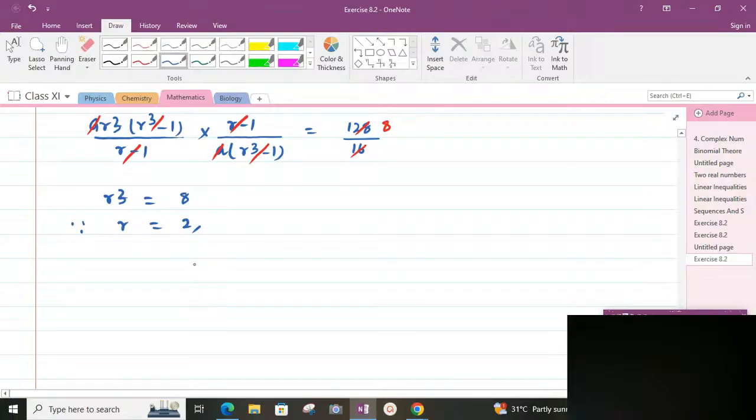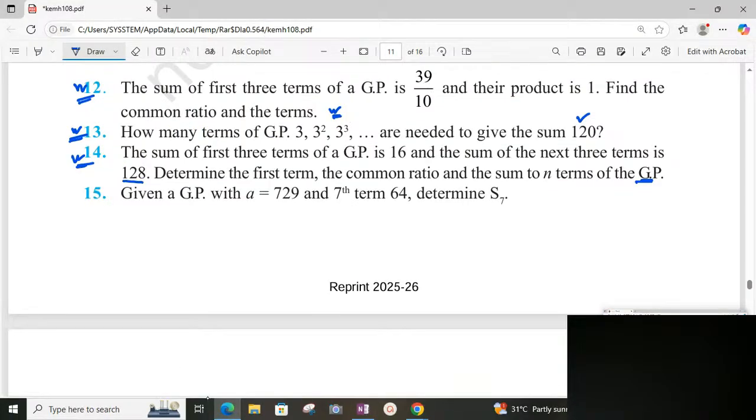Let's see. What does this question ask us? Determine the first term, common ratio. We have found the common ratio, and now we determine the first term.